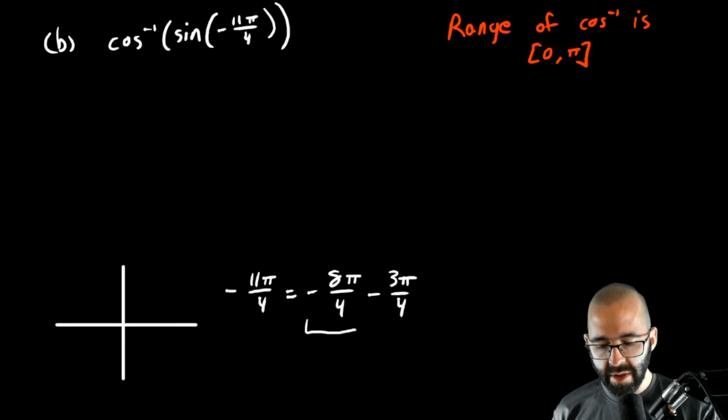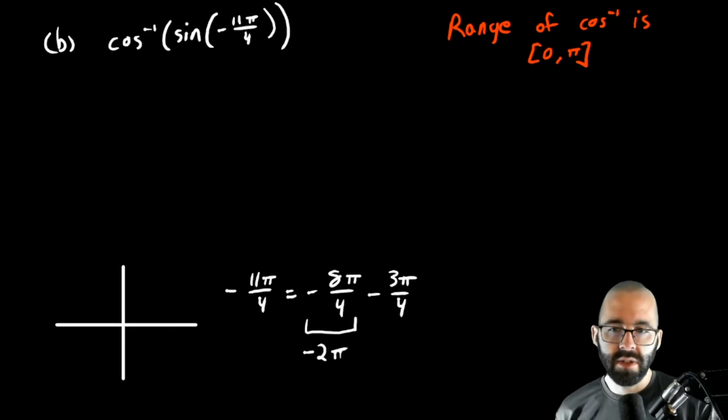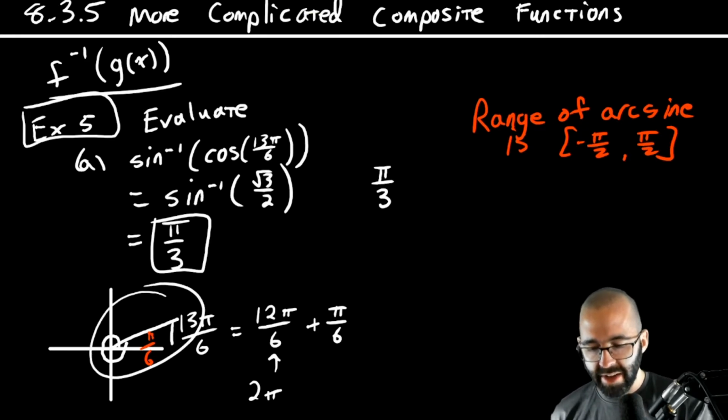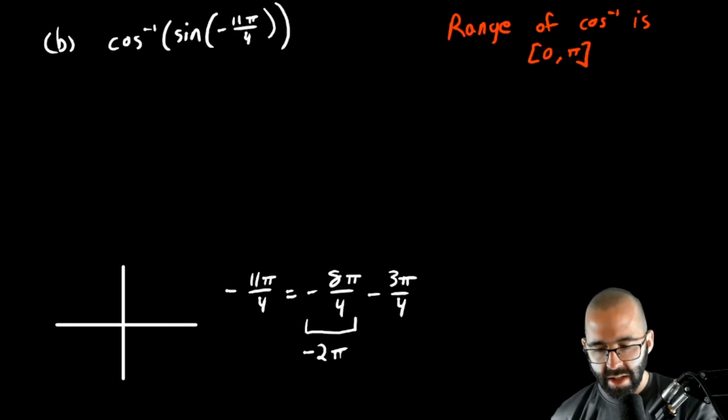And again, just like before, this is negative 2 pi. Wait, did I do the same mistake that I've done? Oh, this is interesting. No, I didn't. I did draw a positive angle. I almost made the exact same mistake that I made in an earlier video, but I did correctly go up.